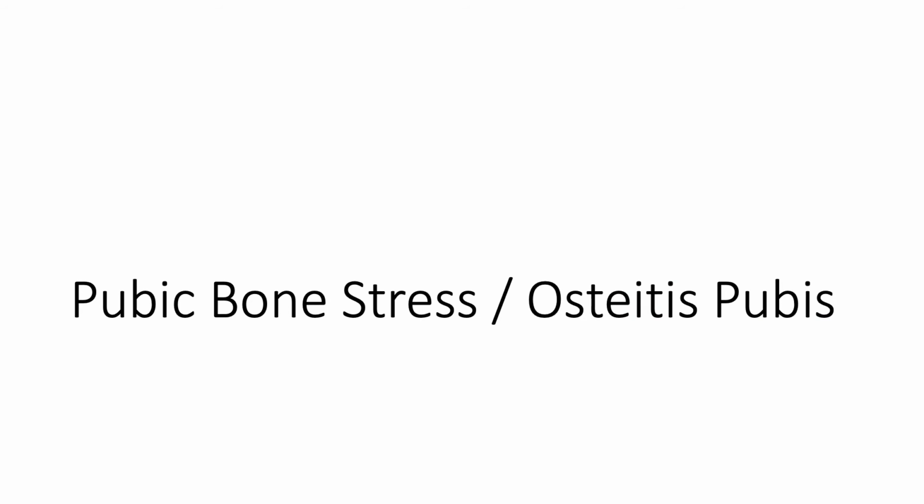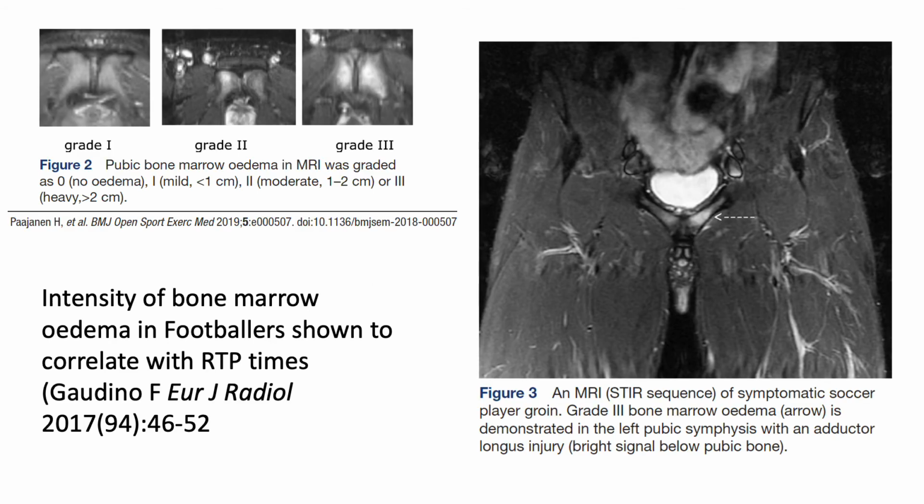So moving on, the final major diagnosis cluster that I wanted to talk about would be pubic bone stress injury, formerly known, though somewhat inaccurately, as osteitis pubis. I prefer to see this as a bone stress injury along the continuum of stress fractures. So again, diagnosis clinically is fairly easy, with bony tenderness around the superior pubic ramus, just adjacent to the symphysis pubis.